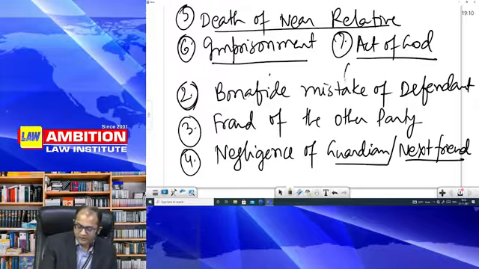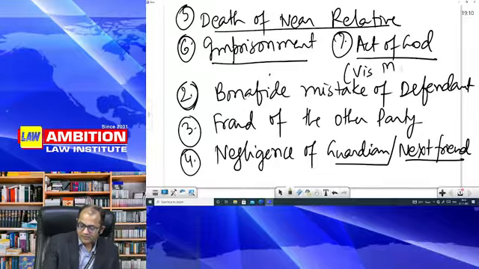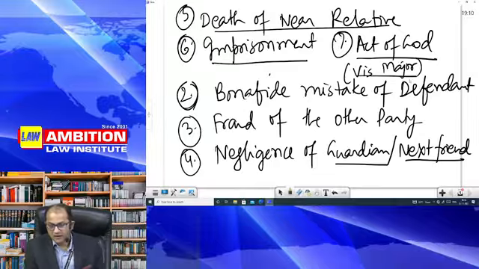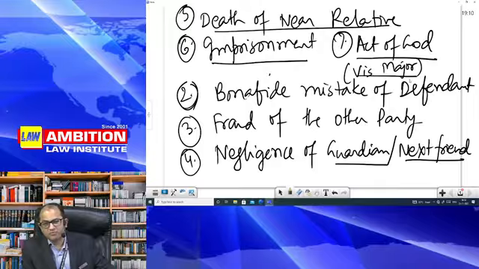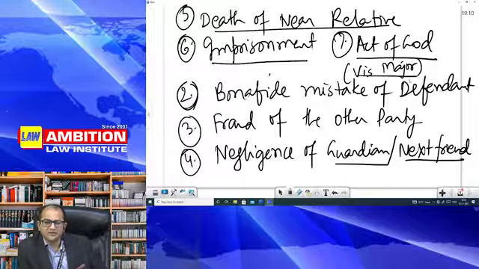That is called vis major. So that is unfortunate, unforeseen incidents. Like I said, flash flood or some kind of flood, whereby you are prevented from going to the court. So what can you do? You can't do anything. You are helpless.